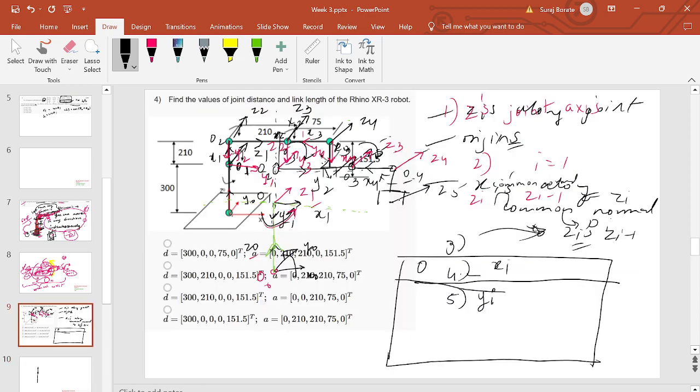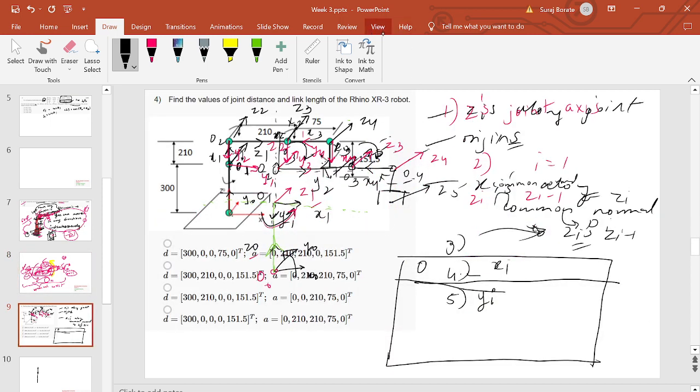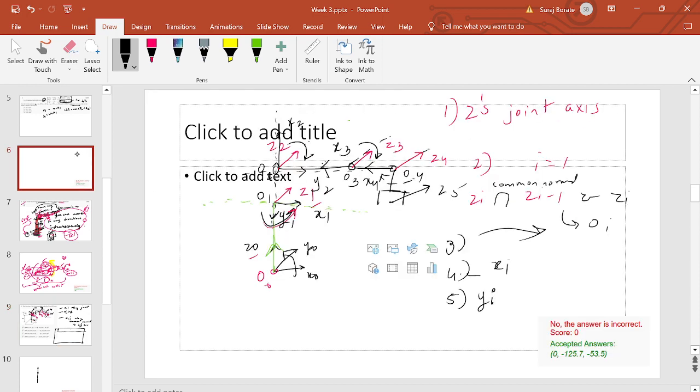Fine. So now what we should do is fill in the DH table. It is not able to erase, okay, we'll make a new one.